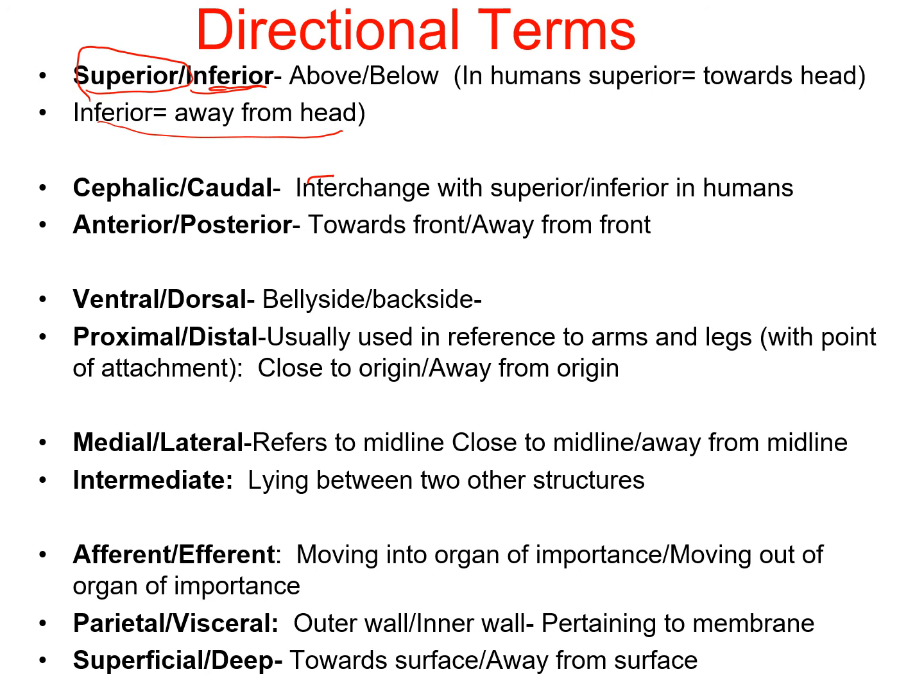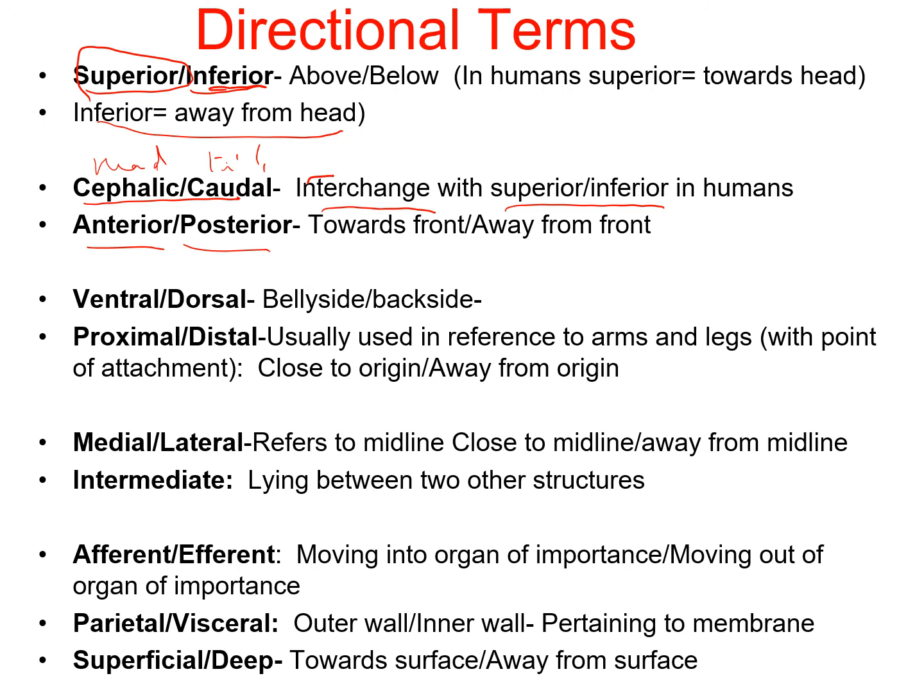So the neck is inferior to the head. Cephalic and caudal are the terms that can interchange with superior and inferior in humans. Cephalic means towards the head. Caudal means towards the tailbone. So cephalic means towards the head and caudal means towards the tailbone.